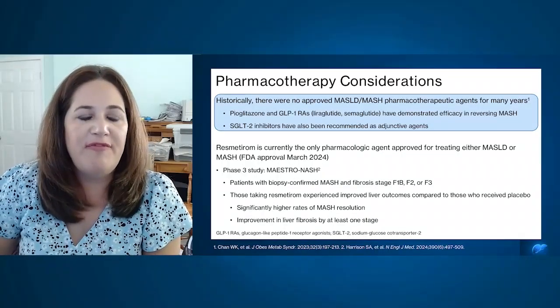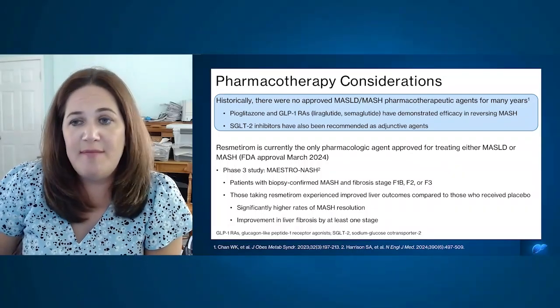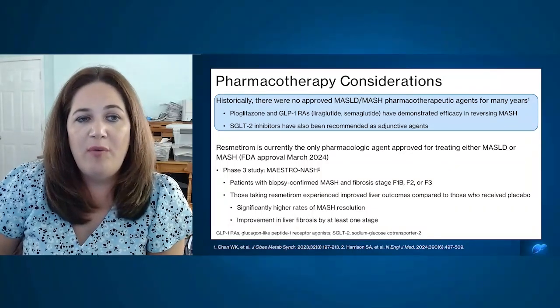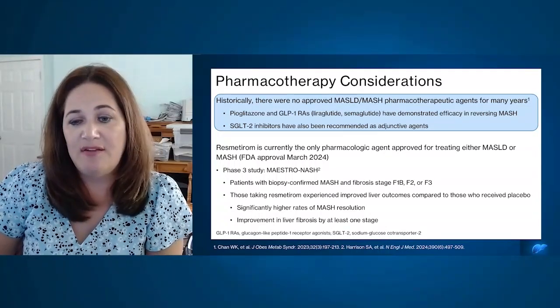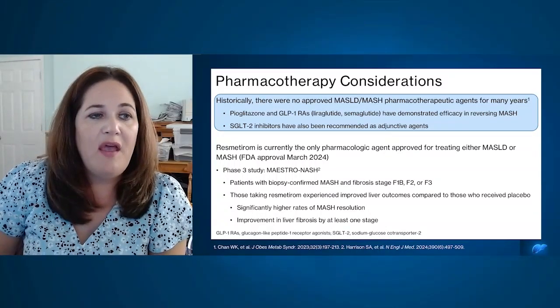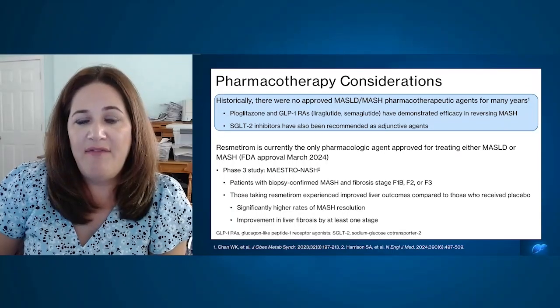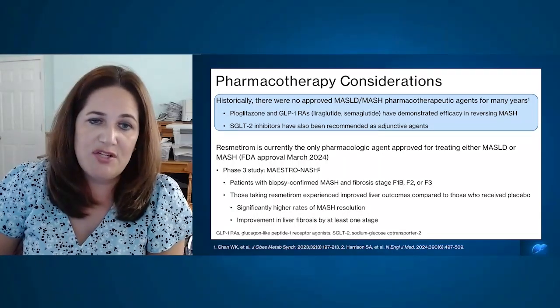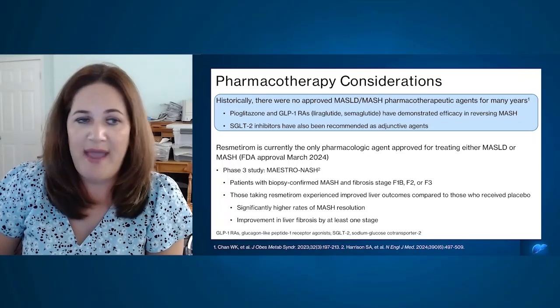So here are some pharmacology considerations. Historically, as I mentioned earlier, there were no approved MASLD or MASH pharmacotherapeutic agents for many, many years. Pioglitazone and GLP-1s have demonstrated efficacy in reversing MASH, although they weren't FDA approved for MASH.